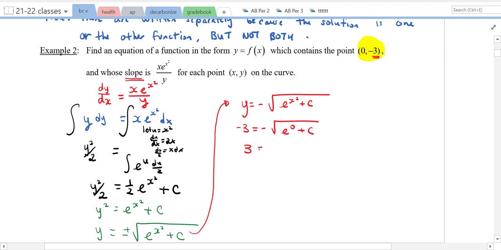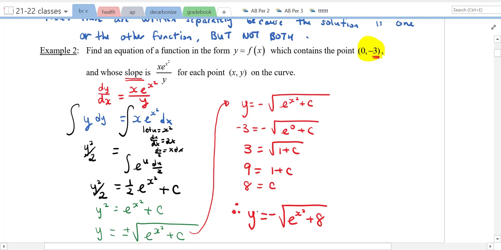So the negative cancels out. e to the 0 is just 1. I'll square both sides. I get 9 equals 1 plus c, and then I can solve for c, that is 8. And therefore, the equation is y equals negative square root of e to the x squared plus 8. That is my particular solution that contains the point 0 comma negative 3.